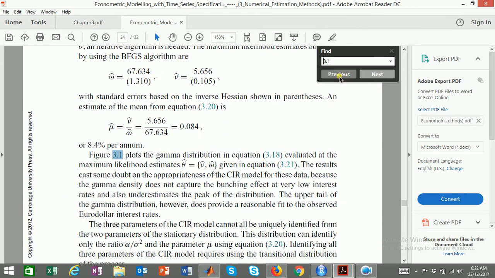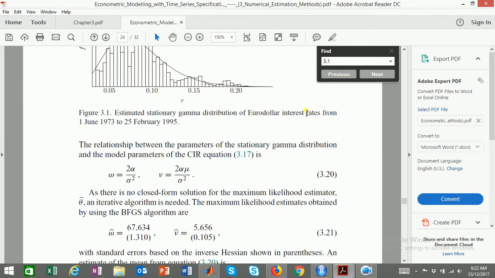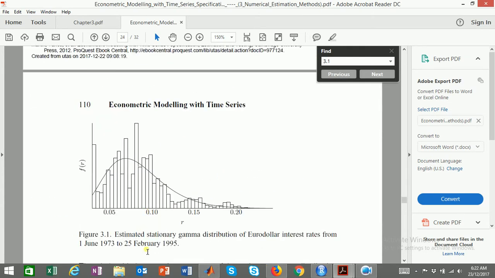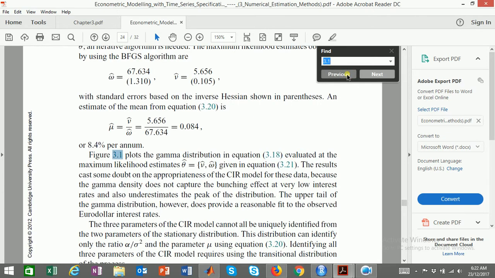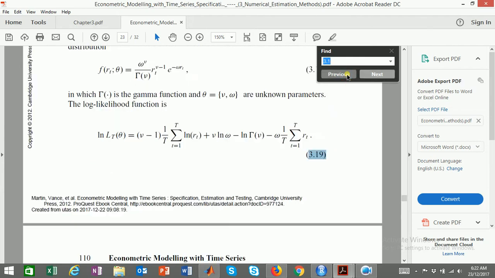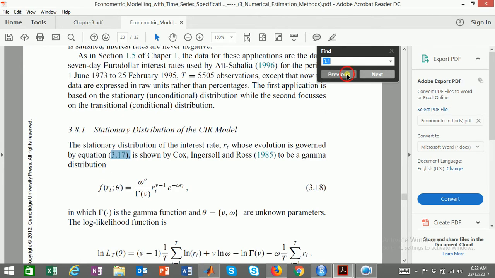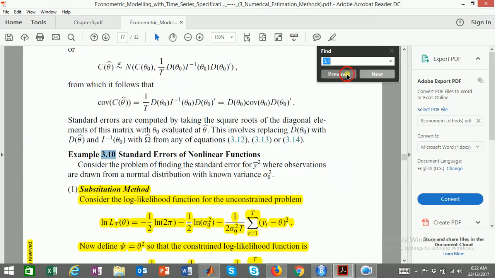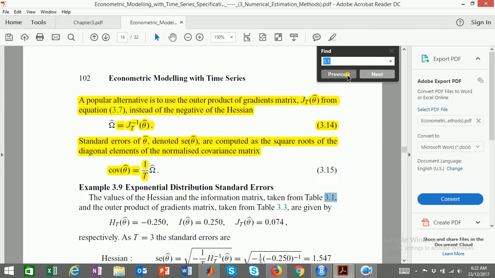There is a table 3.1, right? Okay, so estimated stationary gamma distribution. Oh no, we're talking about a table, not a figure. Alright, let's see.